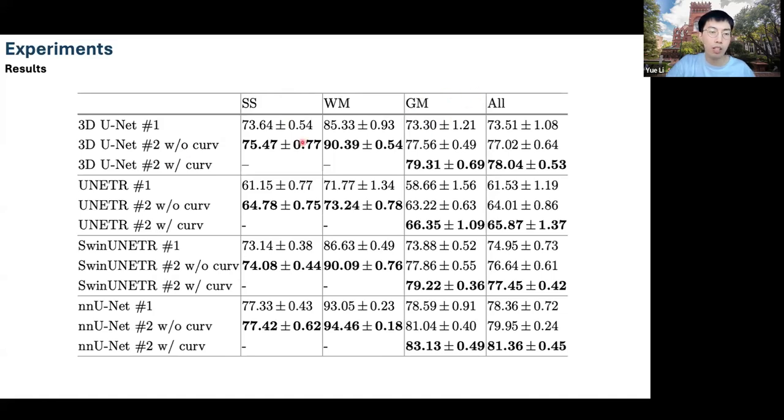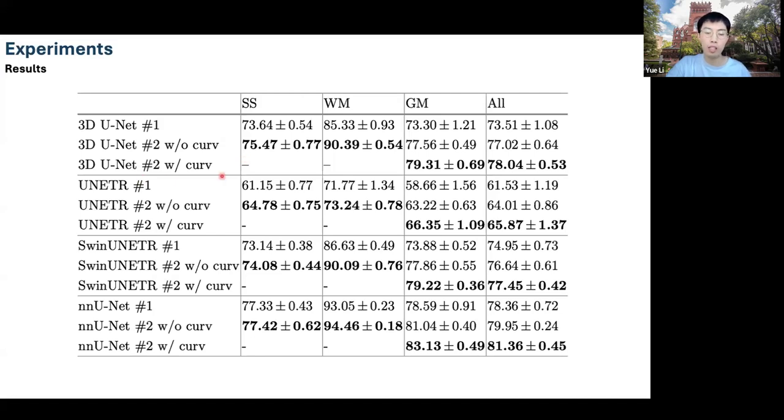For each row in this table, the first name represents the backbone name of the segmentation method. The plain one represents the plain model without any 2-step coarse-to-fine scheme and without any curvature feature involved. The second one, without curvature feature, means they take the 2-step coarse-to-fine scheme into consideration, but not the curvature.